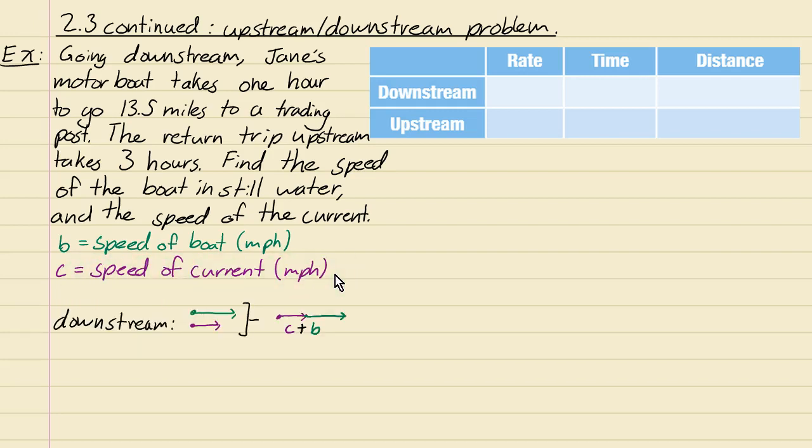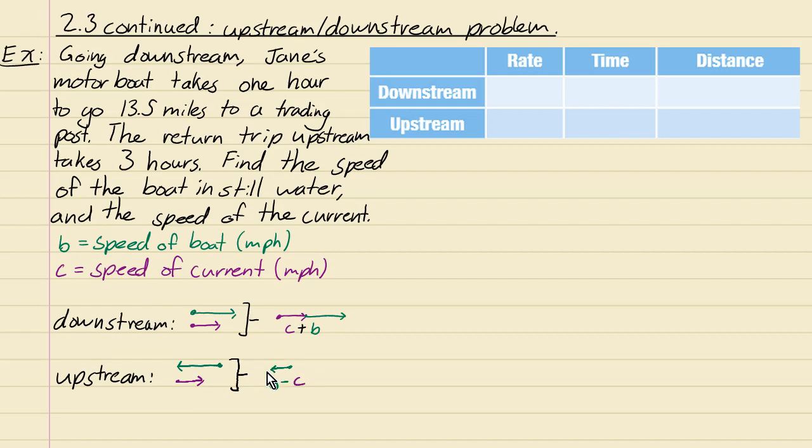So when you're moving in the same direction as the current, you can add them together to get the total speed. And the opposite is true when you're going upstream. The water is still going in the same direction, but you're going in the opposite direction. Your combined speed is going to be slower. It's going to be the speed your boat is going, but with the current subtracted from that.